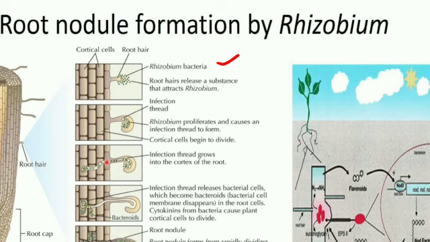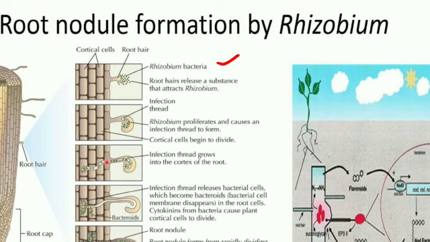Because during the growth of root hairs, the root hairs secrete different substances like sugary substances, polysaccharides, and some antibiotics, and due to the release of these substances by root hairs, the rhizobium bacteria get attracted towards the root hairs.